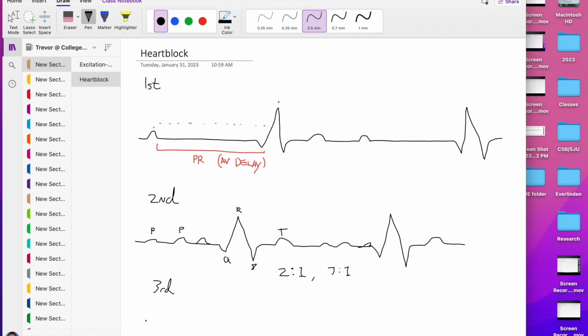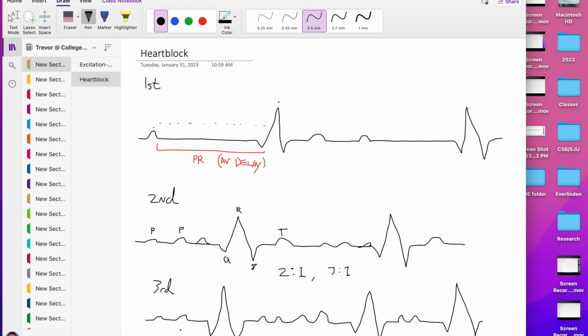Now third degree heart block is going to look something like this. So a little more random here. I'm going to draw a couple of those P waves, Q, R, S, a couple of P waves, T wave and P wave, Q, R, S, T wave, P wave, Q, R, S. Let me label these here: a couple of P waves.